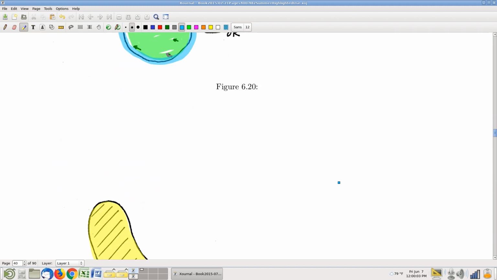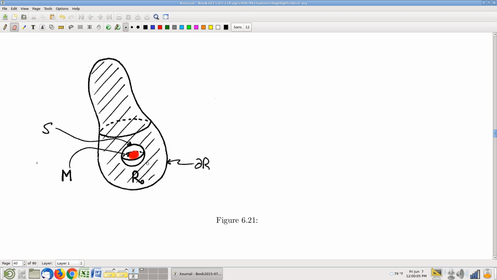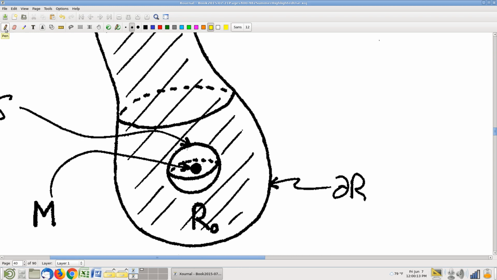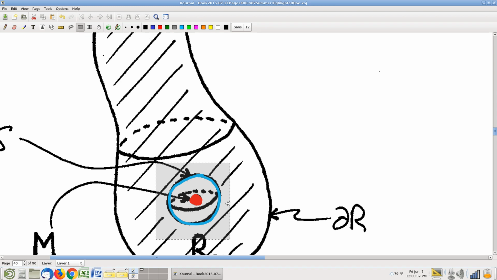Let me go back to the picture. Looking at this picture, and let me zoom in. I was considering, recall, that there's a little mass right there, and then I drew a sphere around it. And I made the observation that the flux on the boundary of R is equal to the flux that we're seeing of that mass through that sphere. Well, let's suppose, hypothetically, what would we have done had the mass been up there?